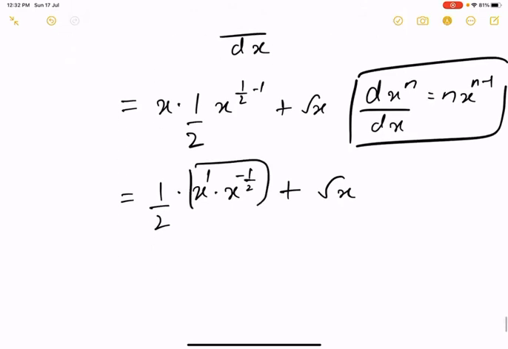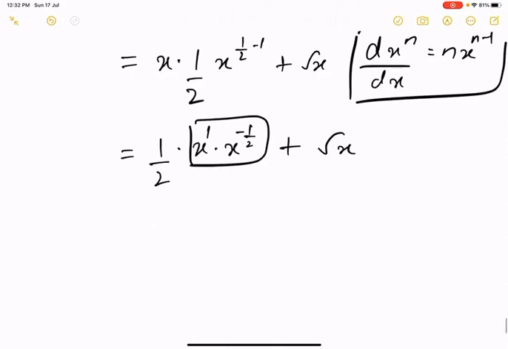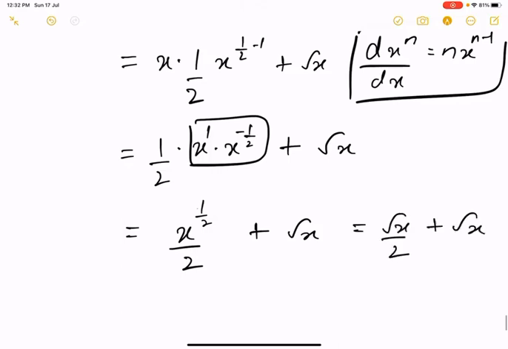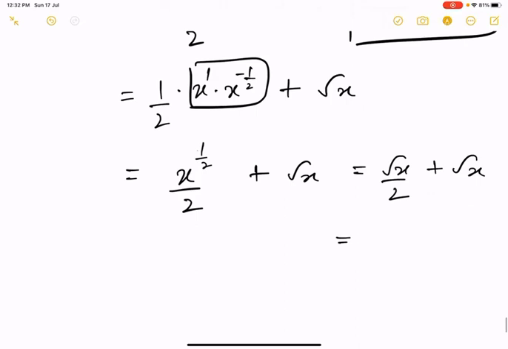Now what we can use? Exponent properties. X raised to 1 multiplied with x raised to minus 1 by 2, so that is nothing but x raised to 1 minus 1 by 2, plus root x. So 1 minus 1 by 2 is nothing but again 1 by 2, so that is nothing but root x by 2 plus root x.